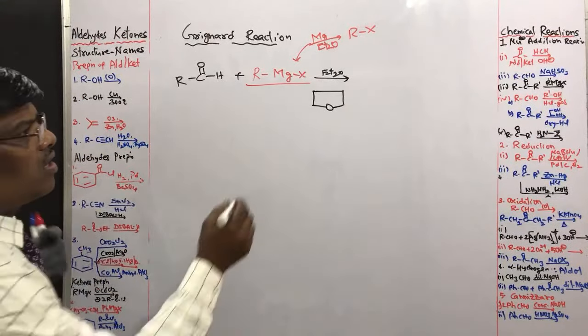What is the charge on this carbon with the alkyl or aryl group? It is going to have negative charge, it is a nucleophile, and magnesium is the electrophile.